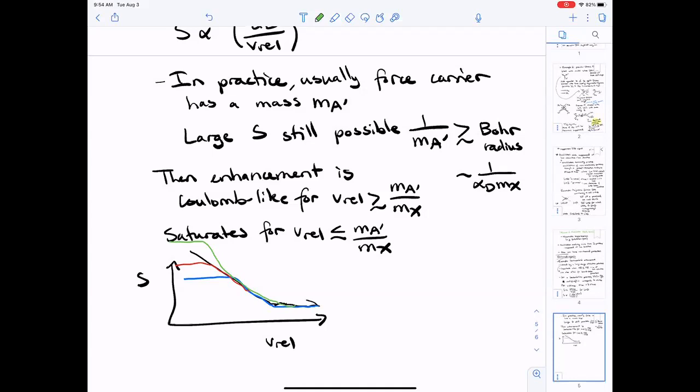So in the limit where the relative velocity goes to 0, it seems that there's a divergence. Is it artificial or not? No. If you think about the rate for Rutherford scattering, which is interaction through a photon exchange, that goes like 1 over v to the 4.